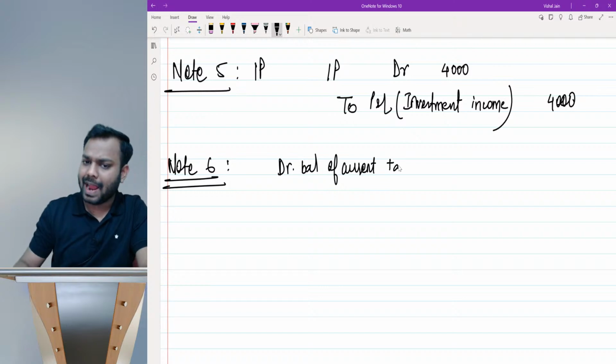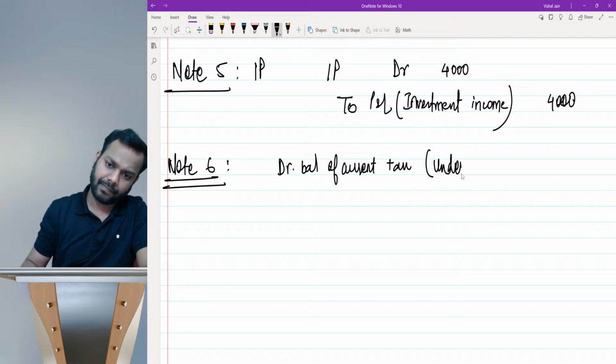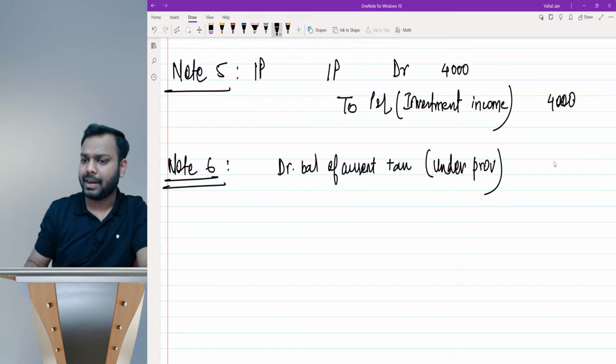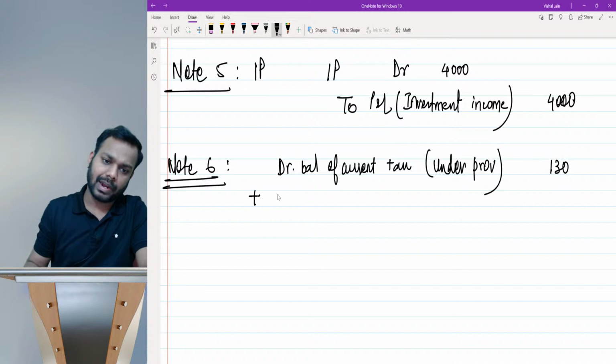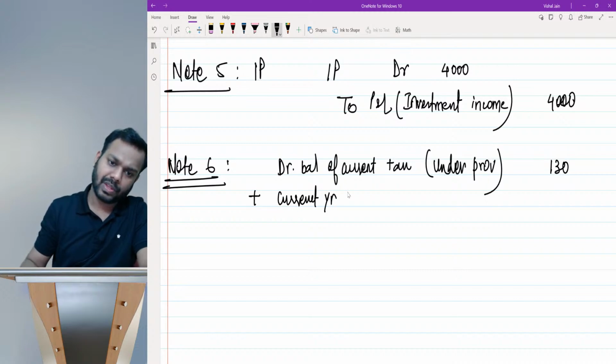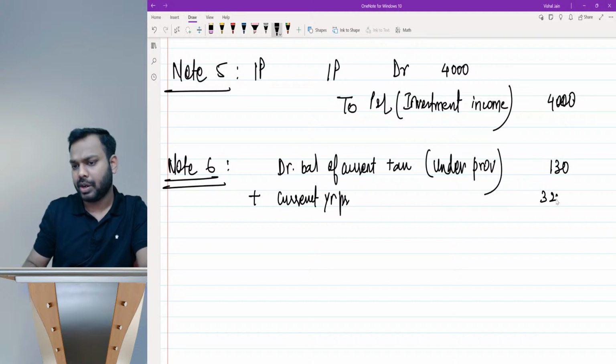Under provision has to be added or adjusted. So it is 130. Now plus what is the current year provision required? Current year provision required is 3.2 million, that is 3,200.